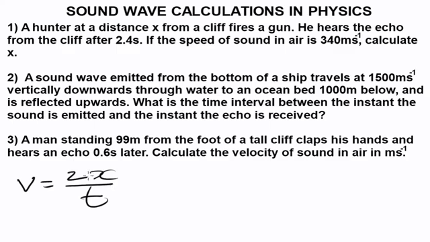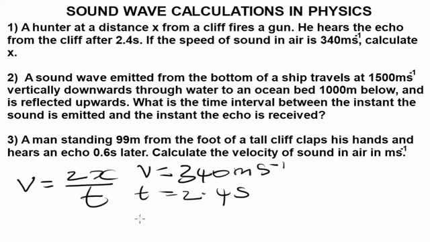We have v to be 340 meters per second, and t to be 2.4 seconds. We don't have x, we are looking for distance. So all you have to do is to input these parameters in this formula to get your x.